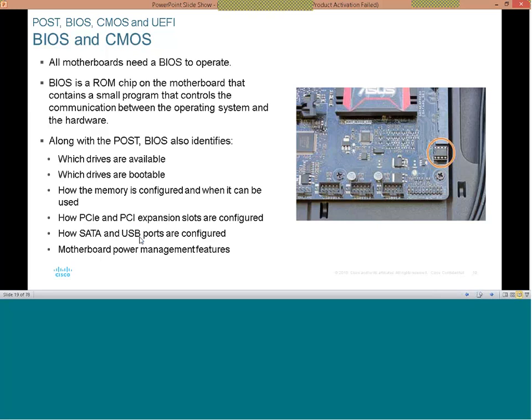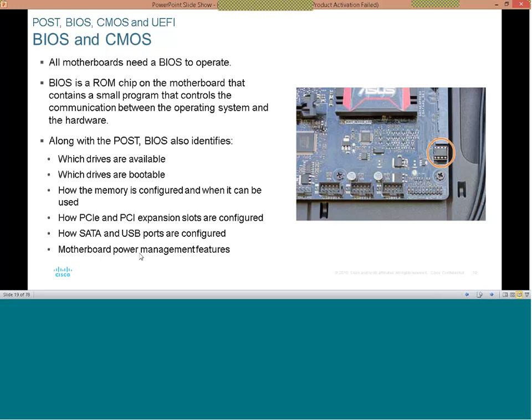Remember the SATA port is for connecting your hard drive, or your disk drive, and all of that. The SATA, of course, replaced the PATA port, and the Universal Serial Bus, which are the ports for you to plug in your USB devices, also gives us some indication on how they are being configured.